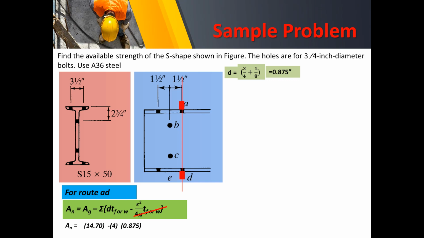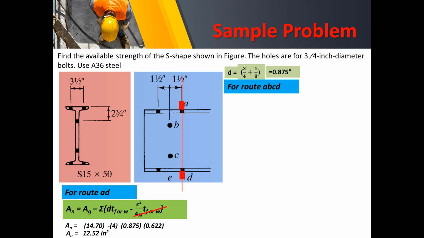So 0.875 is the diameter, and then 0.622 is the thickness of your flange, and this shall yield 12.52 square inches. That is the net area when we consider the root A to D.